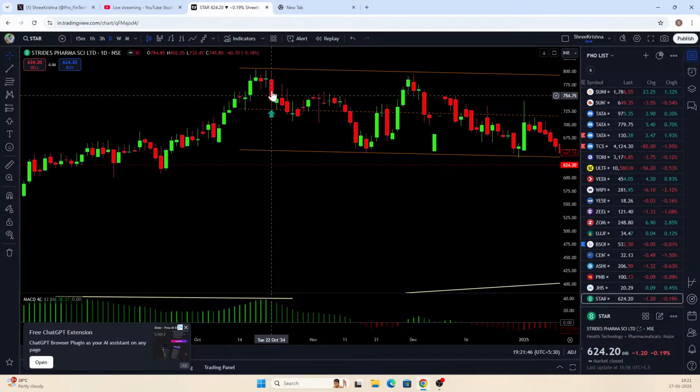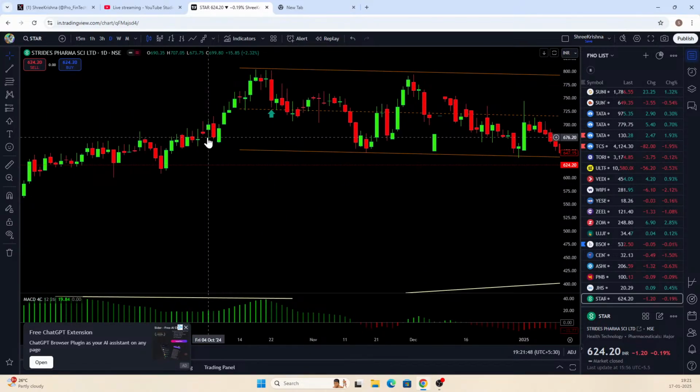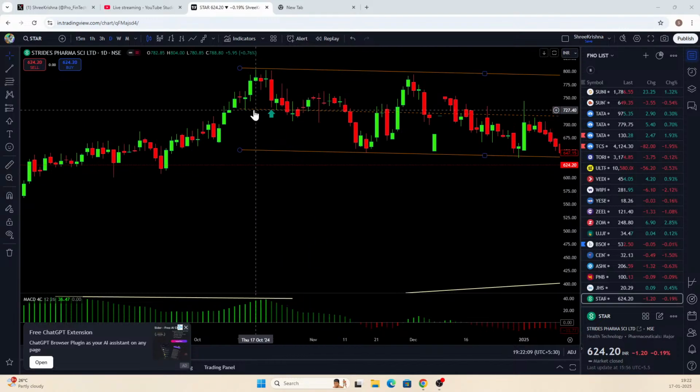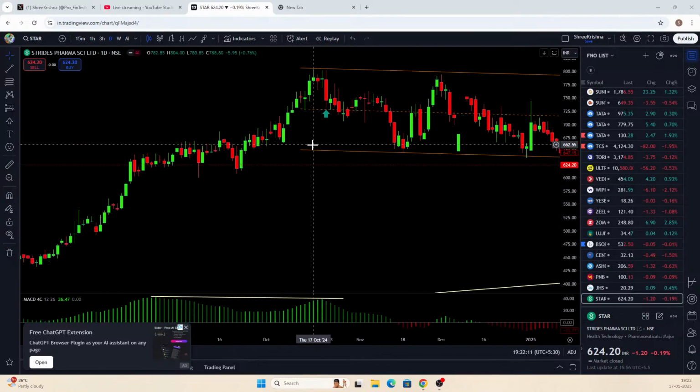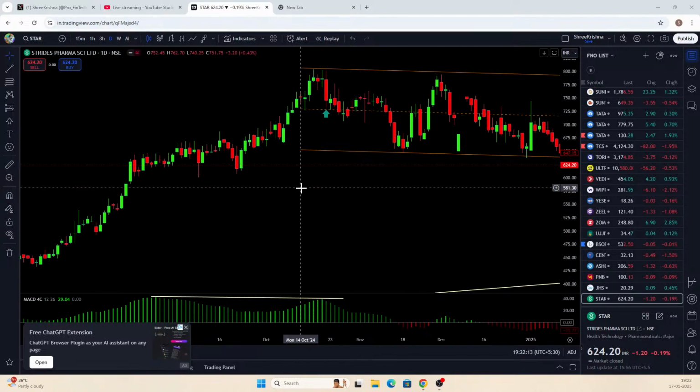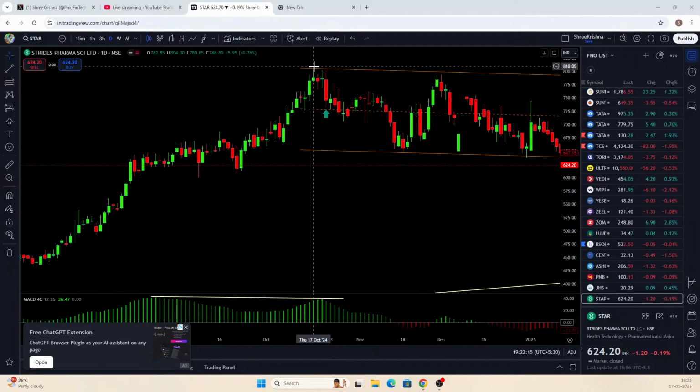This red is the largest among the previous 7 bars when we check it on the daily. When you are viewing it on the daily, this bar ignores the largest 7 bars. This is the largest of 7 bars. What does that mean? What I mean is that this trend has matured. The trend has matured at this high. Listen to me very carefully. This high, this is the high.